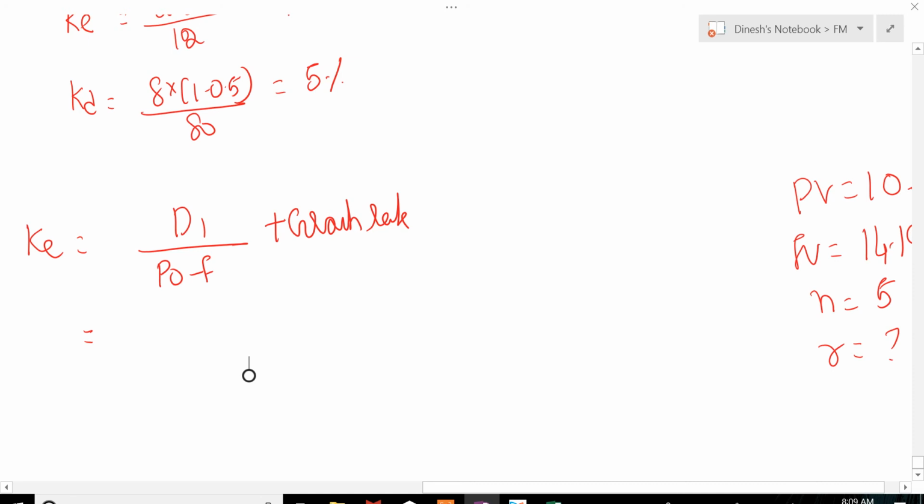Full stop. The same had grown to 14.19 over 5 years. Next point. Dividend for 6th year is rupees 15.